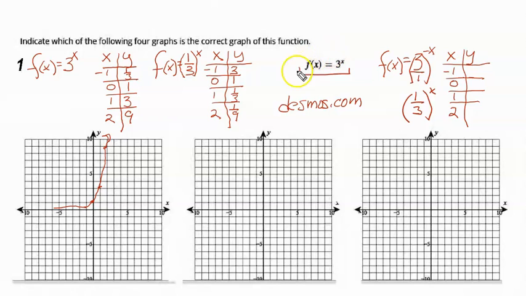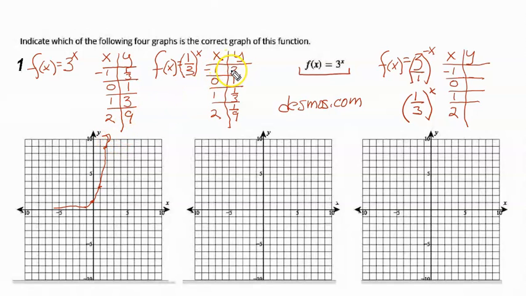So what features would you look for when you see this? Well, the shape of this, when our base is greater than 1, is going to have this general shape here. That is, it's going to start low, and then as it goes to the right, increases, goes up.